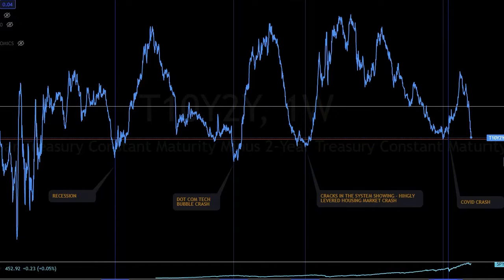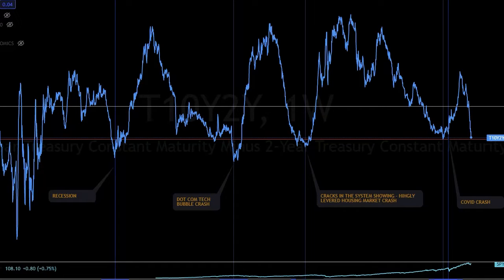If you use history as any guide in your investment analysis, you have to respect when the 10 to 2 yield curve inverts, and we'll go over what that exactly means and how it's important to the overall economy.